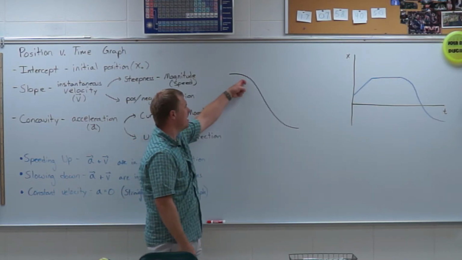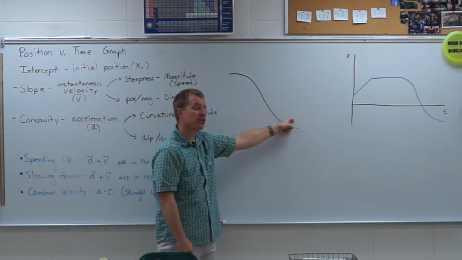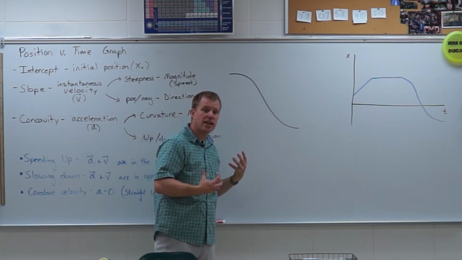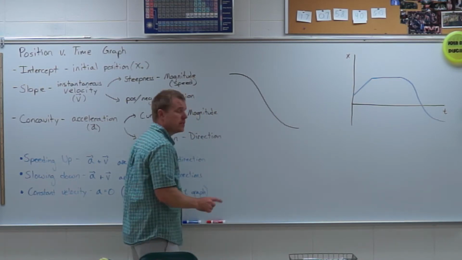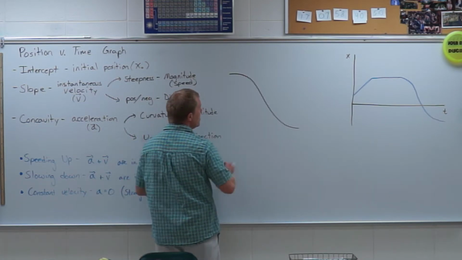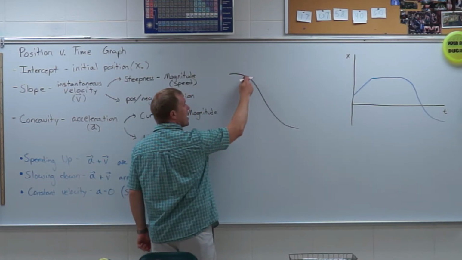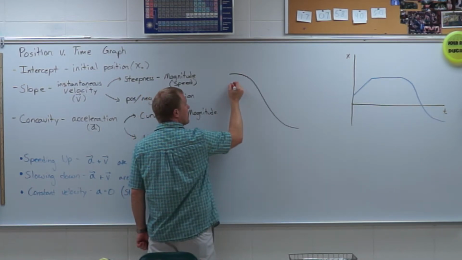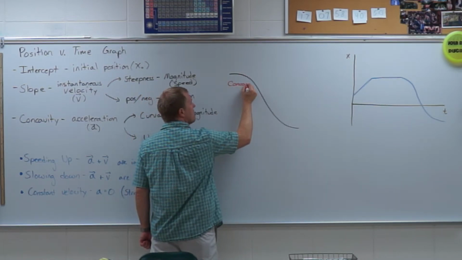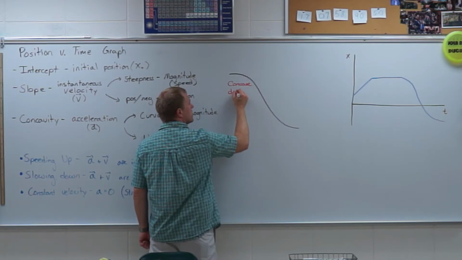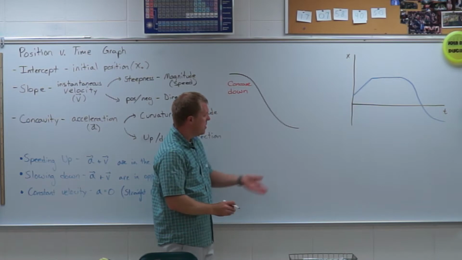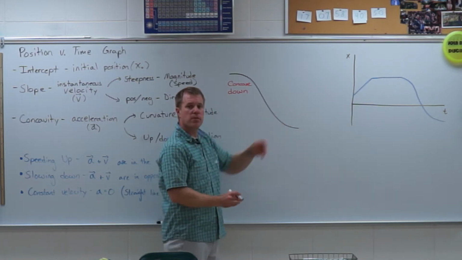You might say, well, there's a concave section here and a concave section here. You're right. That means it's switched from one concavity to another. That's important. So in this section here, the concave side is on the down side. It's on the bottom. So this area is what we call concave down. This section over here is concave up.